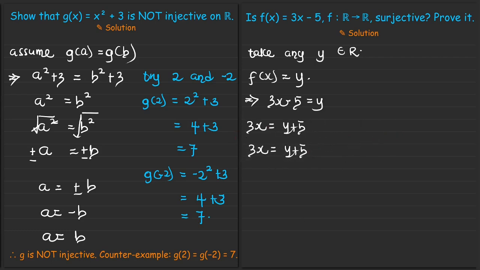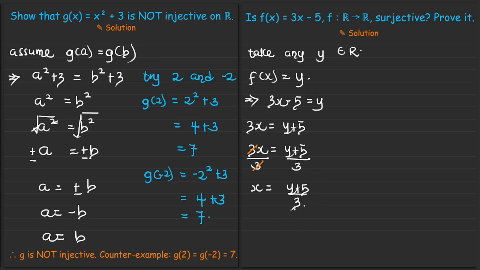So 3 cancels out 3, and we'll be left with x. So x is equal to y plus 5 over 3. Now with this, you ask yourself, is there any value of y here that makes this function undefined?